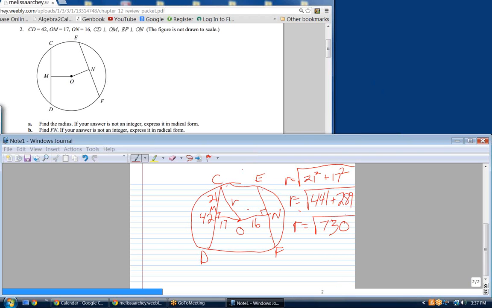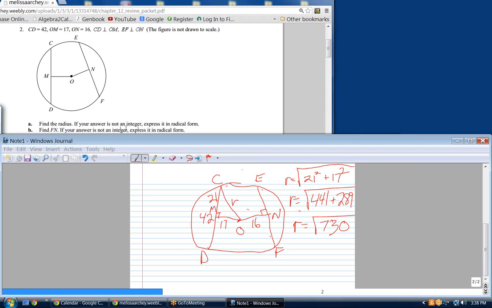So if R is equal to the square root of 730, can we reduce that? What do you mean by reduce it? Well, they want the answer in radical.